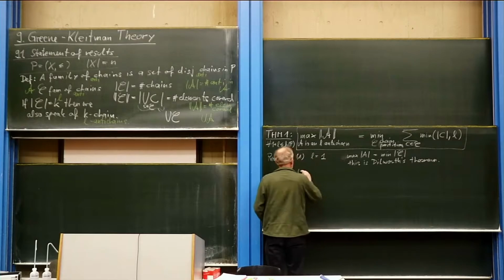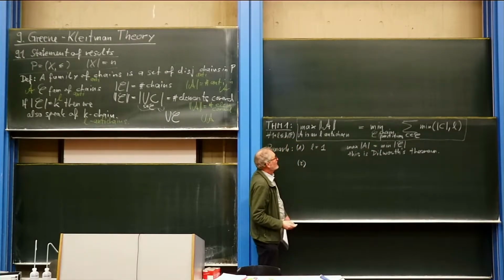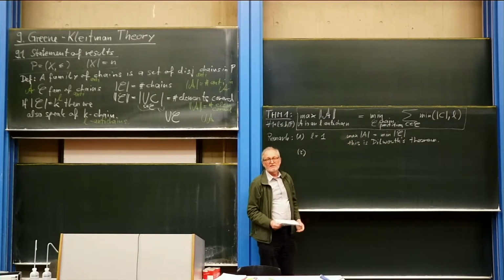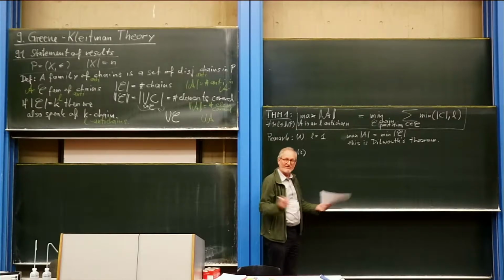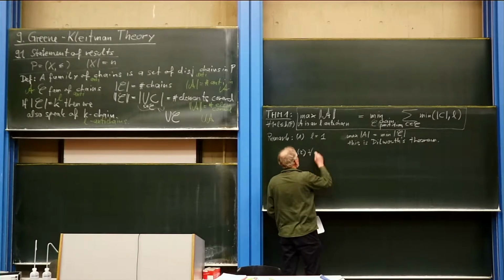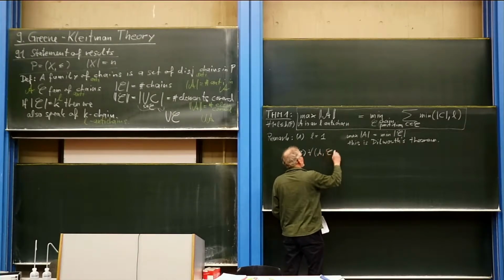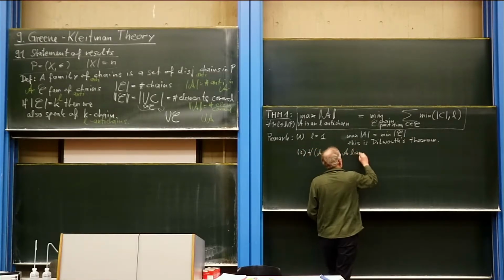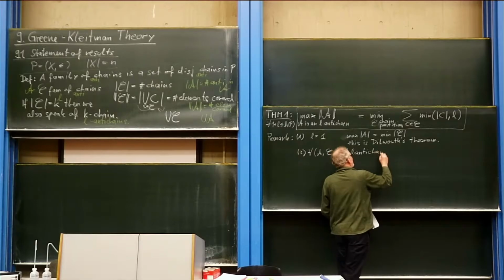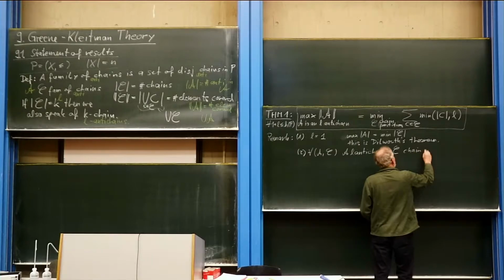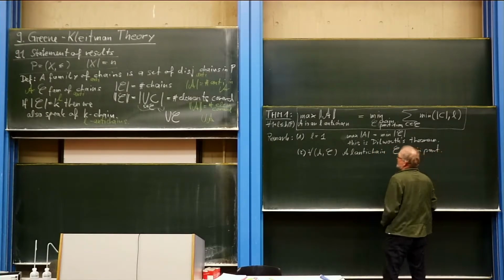And the second remark is that if we think of this equation as two inequalities, one of the two inequalities is kind of trivial. So for every pair A, C, A an L antichain, and C a chain partition, we can write the following.